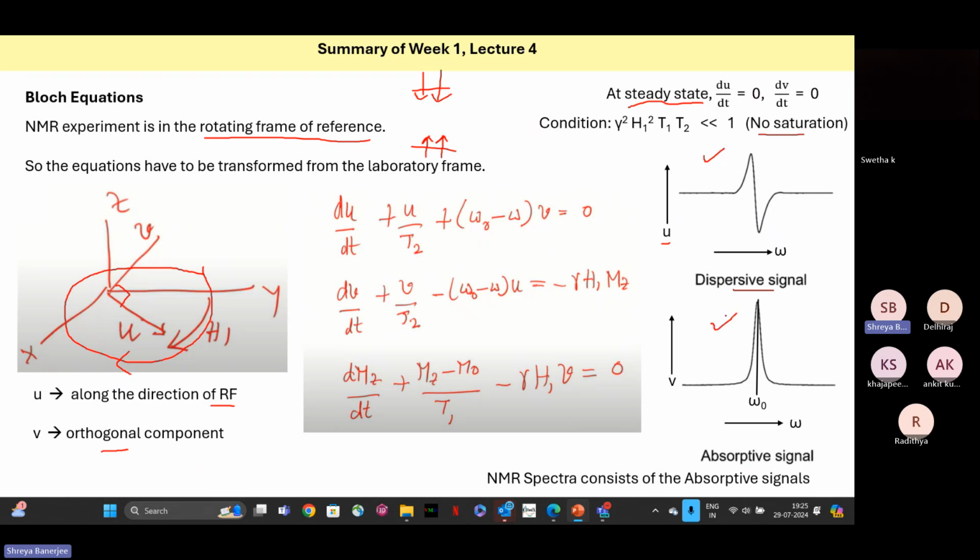The NMR instruments are programmed in such a way that the dispersive signal is ignored and only the absorptive signal is kept in the spectra. So the resultant spectra that you observe will consist of many absorptive signals, which is what you must have seen in the NMR spectra.